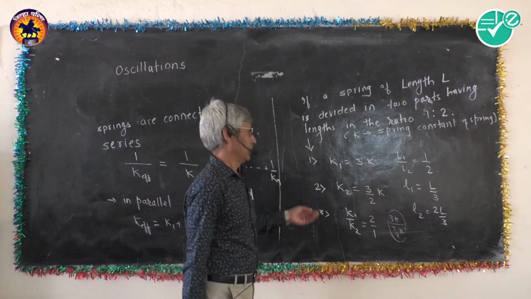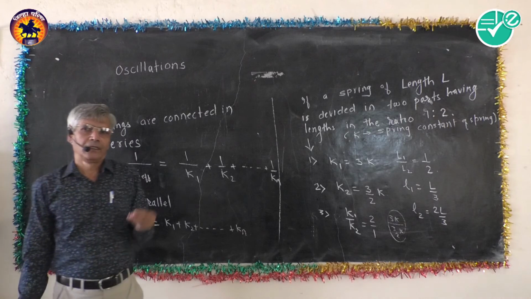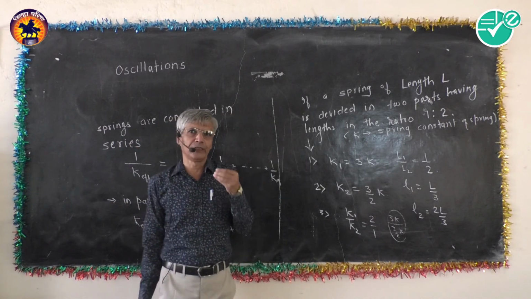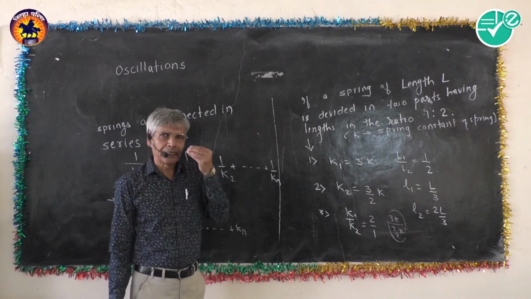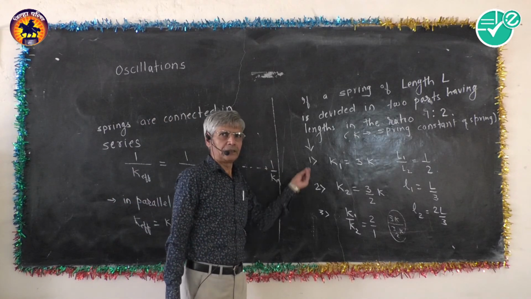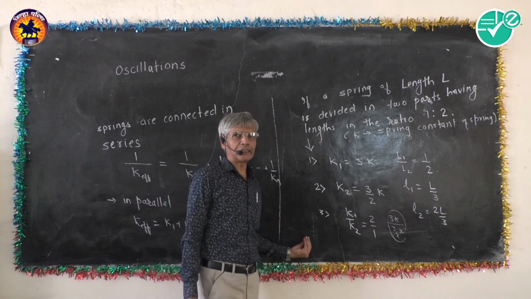In this way, the same concept, that the force constant is inversely proportional to the length of the spring, can be used to solve the different MCQs related with these force constants.